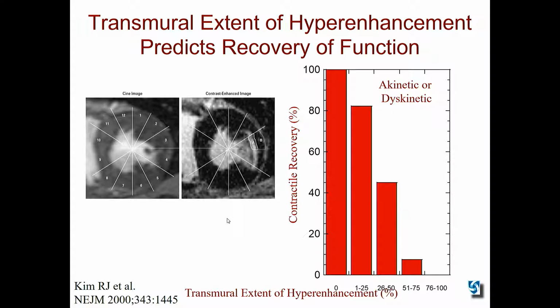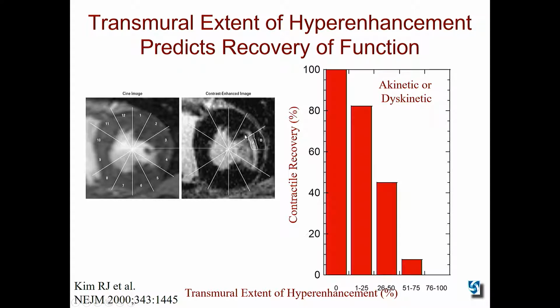Because it's been studied extensively against histologic infarction. It has a very good correlation with the size and presence of infarction, but also it can be used to predict the transmural extent of infarction, which is defined by the transmural distance of A over A plus B. That information is useful because it is a good predictor of how likely that segment of the heart will recover regional ventricular function, or regional contractile function, upon successful revascularization in patients with coronary stenosis.